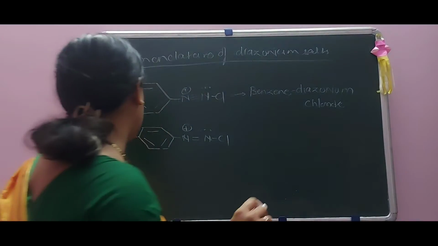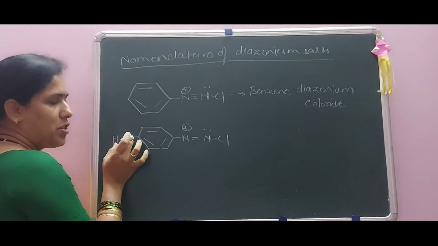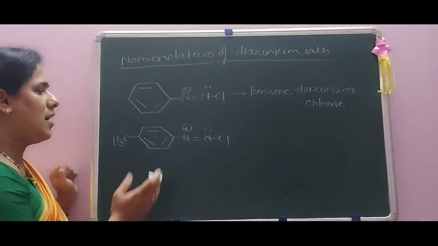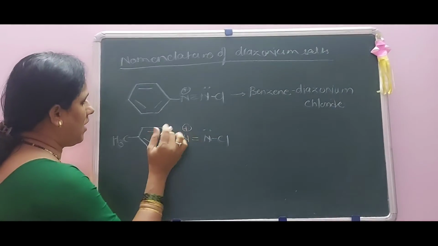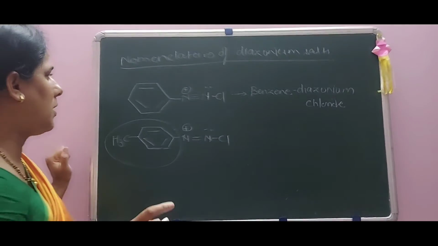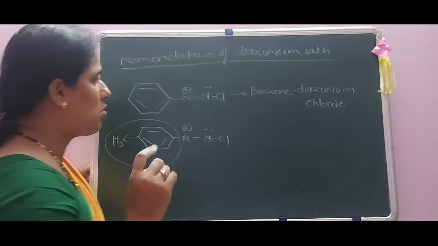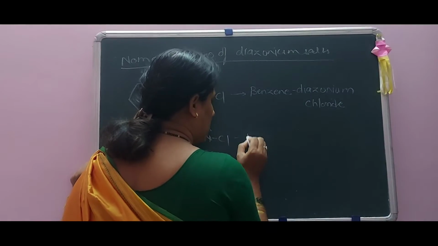Now, the second example is the benzene ring in which the CH3 group is attached. Excluding the diazonium part, this is toluene. In which position? Para position. Therefore, you must put the position.